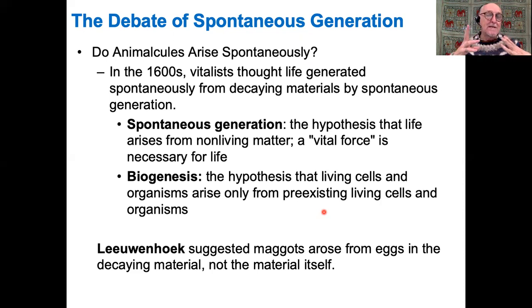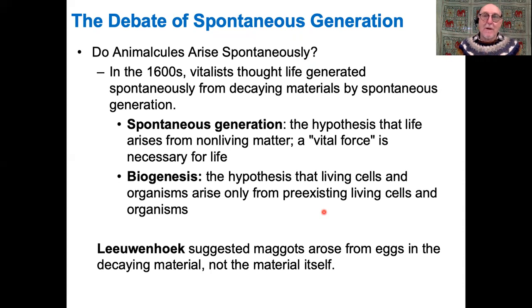And it arose from the idea that the earth is saturated with what is called a vital force, a force of life, which finds its expression wherever it can. It forces itself into being. And this manifests itself as life arising spontaneously.